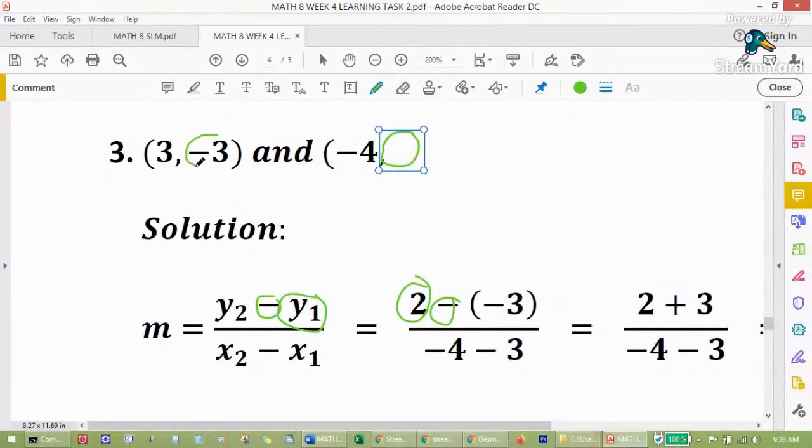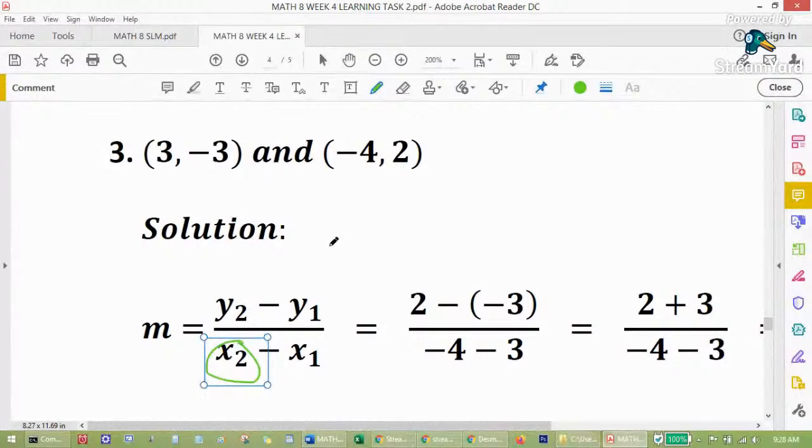So, this is our first y, negative 3. So, minus negative 3. Okay? Divided by the second x, negative 4, minus the first x, which is 3. So, minus 3.